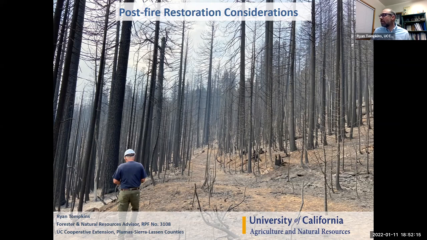I should mention I am located in the Northern Sierra in Plumas County near Quincy, and so most of what I will be talking about will be Sierra specific. That's not to say that some of these concepts couldn't be translated to different forest types in California. So if you do have a question or some nuance, please don't hesitate to ask.